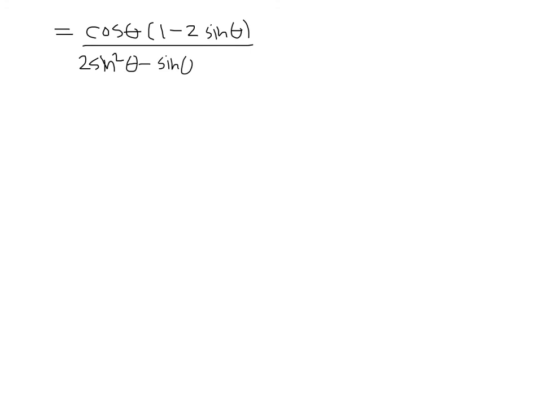Okay, now factoring a little bit further, my numerator is still cosine theta times 1 minus 2 sine theta. Recall that that denominator was 2 sine squared theta minus sine theta minus 1. Now think about how you would factor 2x squared minus x minus 1. You'd say it was 2x and x, and then you've got to figure out where the negative 1 goes and where the positive 1 goes.